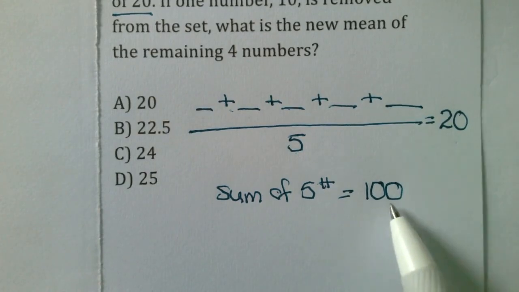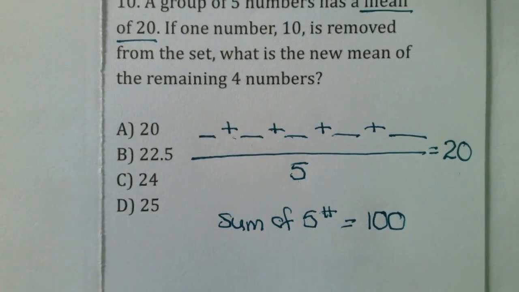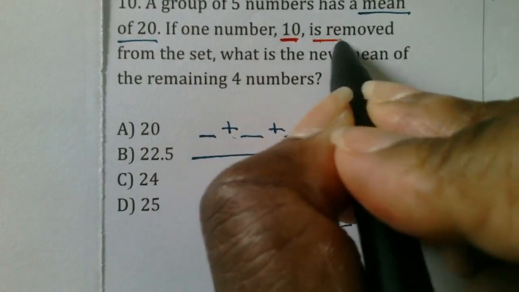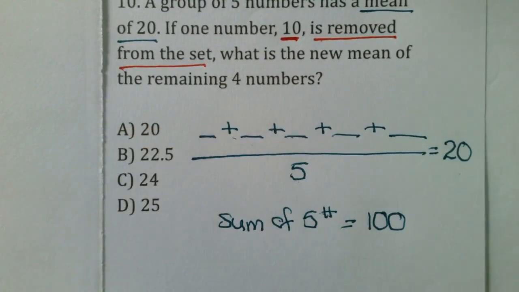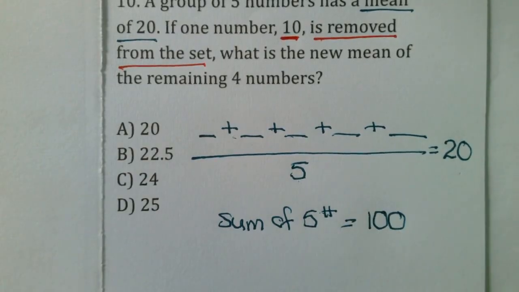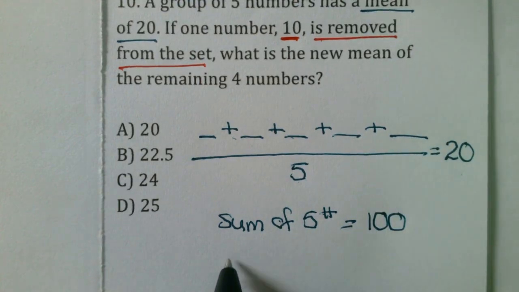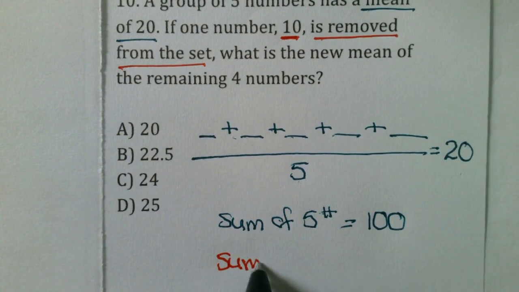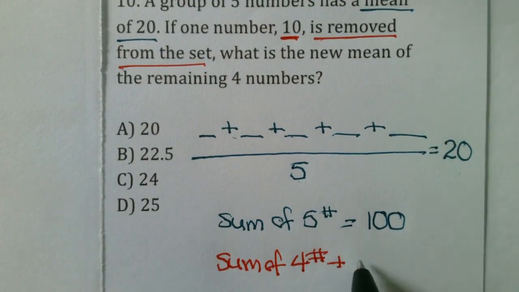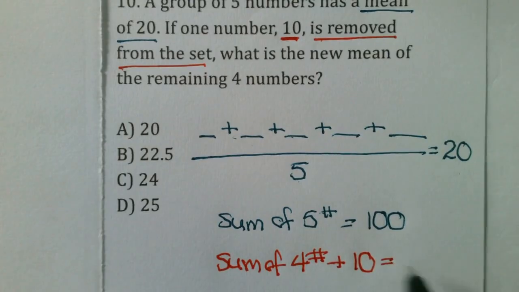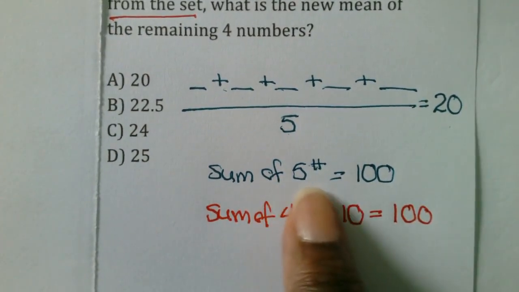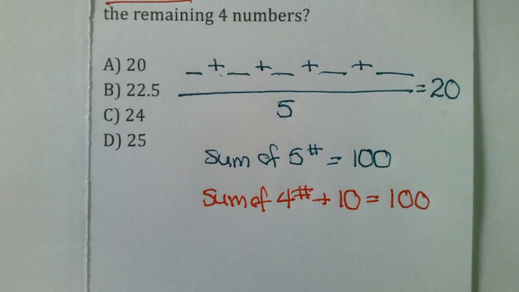Now, here's the thing. They're telling us that one of the numbers, a number 10, is being removed from this set. So that means amongst this set of 5 numbers, one of them was a 10. So that means I have the sum of 4 numbers, plus a 10, and that's going to equal the 100 because this 10 was part of those 5 numbers, right?